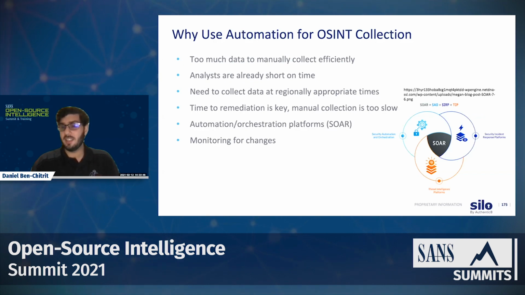Without automation of this information and this collection, you're going to run into a lot of these similar issues we've had. But now we're talking about it during an incident, and that can make it much, much worse because you're spending that precious time that you have, instead of remediating and trying to solve a problem, going out and collecting the information you need to be able to solve the problem itself. OSINT cybersecurity is a growing field, so I do expect to see a lot more of these types of use cases in the future as well.